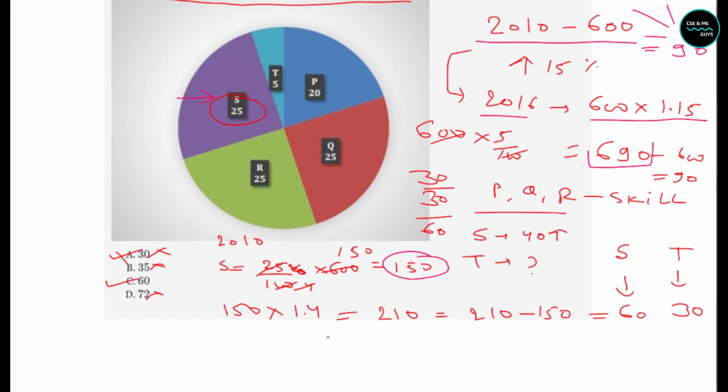And then now there is a 40% increase in this number. So we are left with 210. So the number increased from 2010 to 2016 was 60 people increase in skill level S. So the remaining must be from T. So T has 30 people increase.